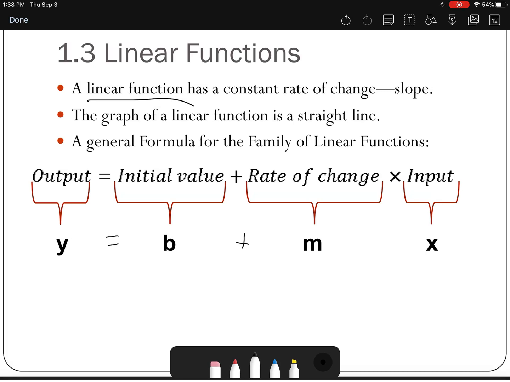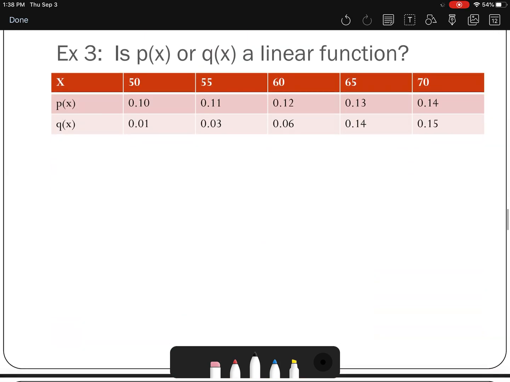Now, some books will show it this way, guys, and I know you're used to mx plus b, and so am I. So that's how we're going to discuss it. So if you look at P of x and Q of x, can you tell me which one or both or neither is linear? As you can see, each x goes up by 5.